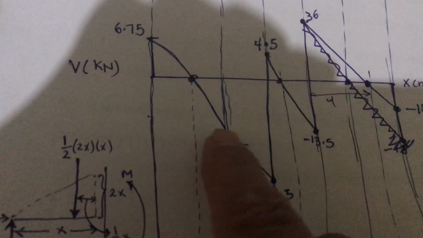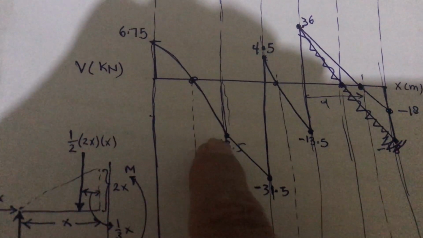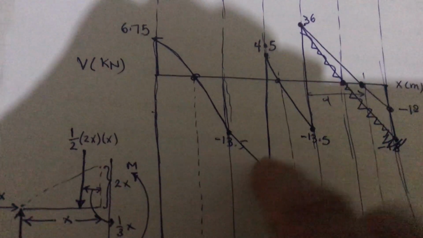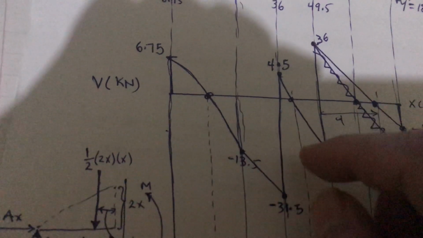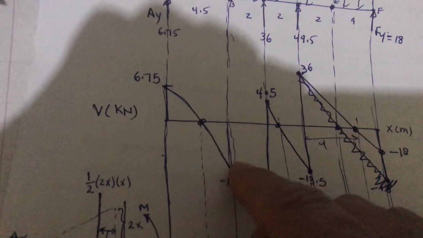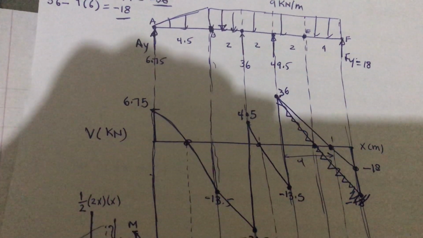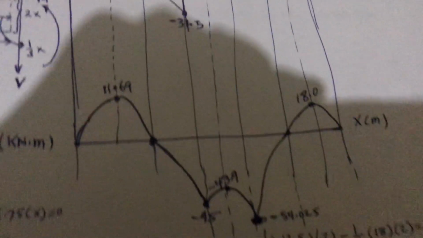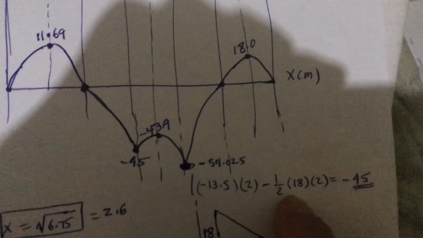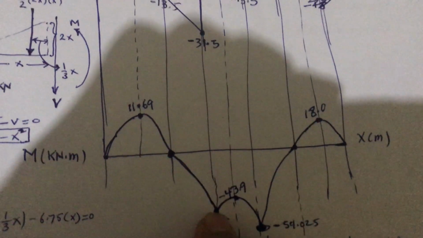And then there is the triangle, minus 13.5 and 31.5. You should find this, subtract this from this, you find this, 1/2 times this times 2. 1/2 times 2 is 1. 31 minus this would give you this one. So it's minus 45. So you're going to go to minus 45.